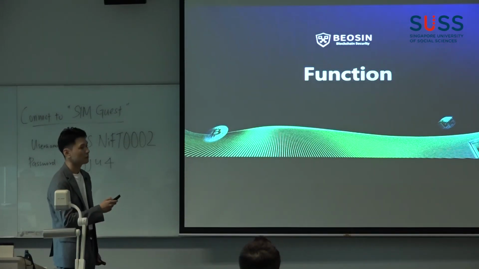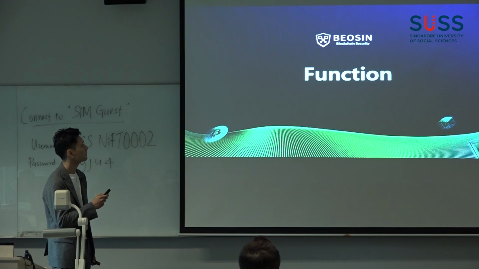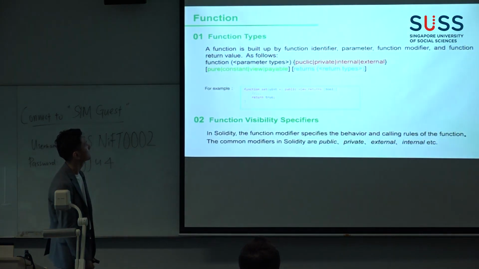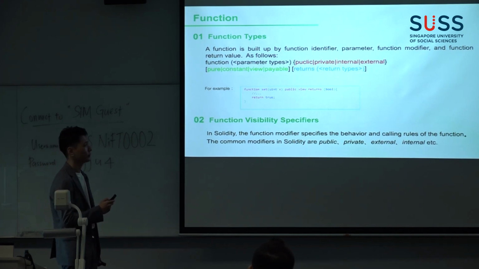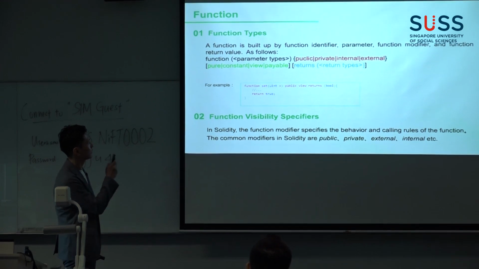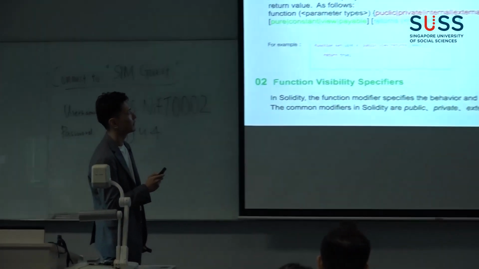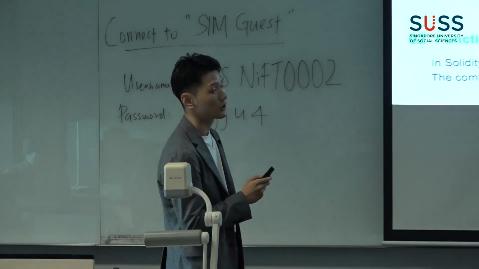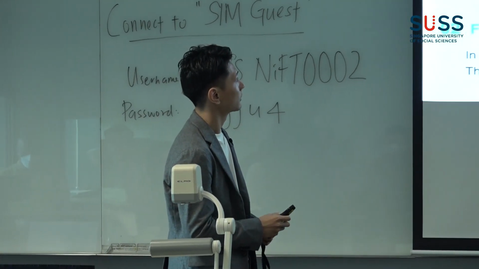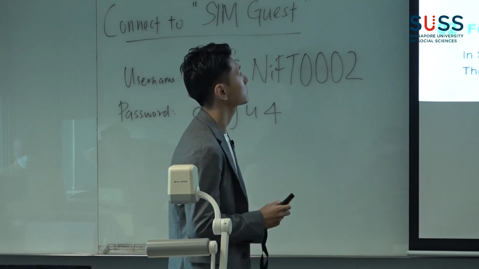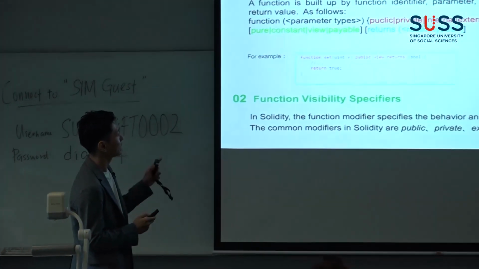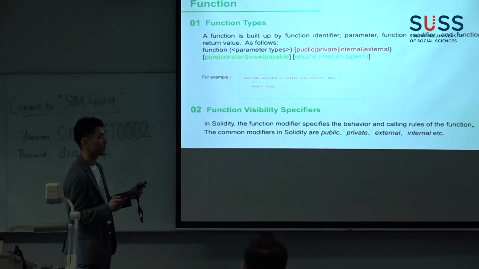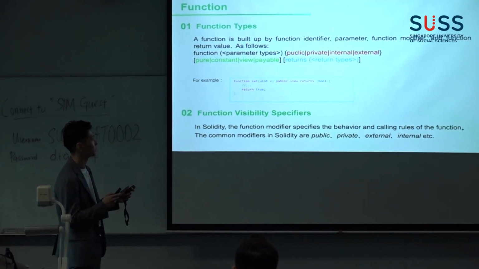Now let's talk about function. Function is probably the most important unit in a Solidity contract. A function is built up from a function identifier, parameters, function modifiers, and function return values. So let's see how we can read this. The function keyword means the start of the function. The parameter types mean what kind of parameters are passed into this function.